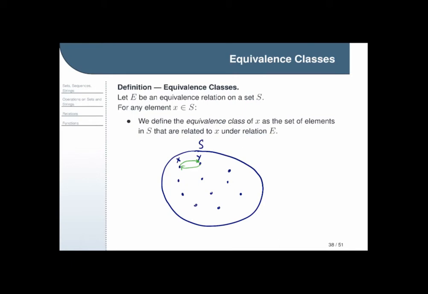And in fact, if I discover Y is related to some other element, let's say Z over here, I can say if Y is related to Z, I can conclude Z is related back to Y, but also by the transitive property, Z must be related to X, and then by symmetry, X is related back to Z. So all of these are related to each other, and of course, because it's reflexive, they're all also related to themselves.